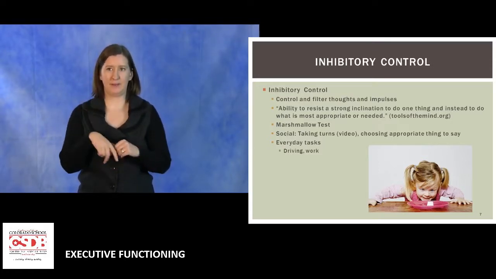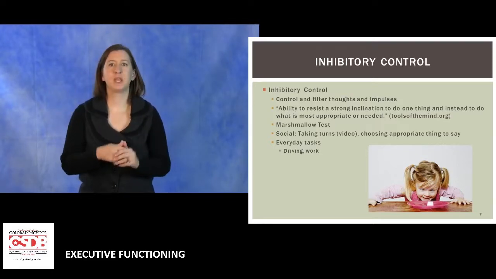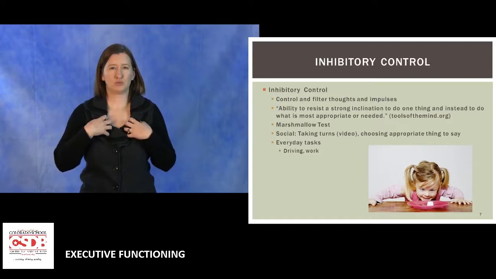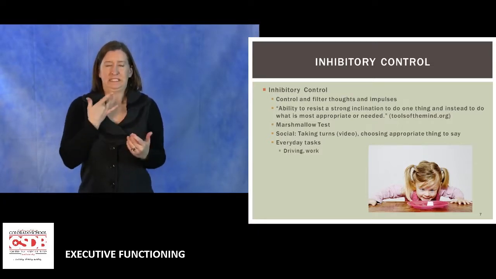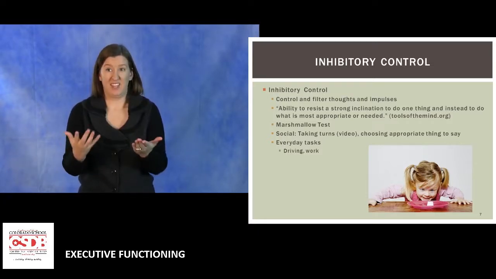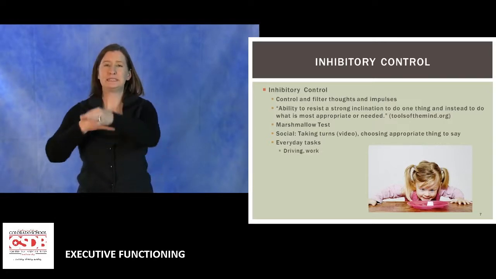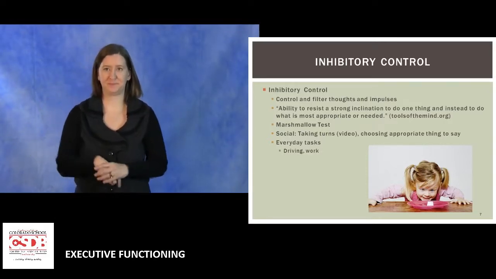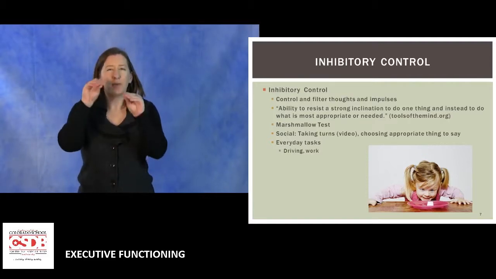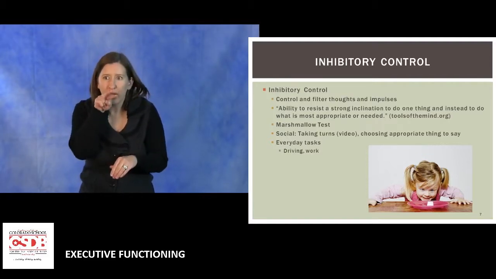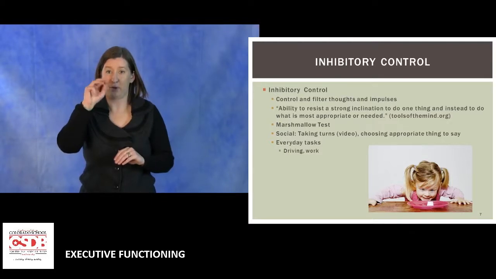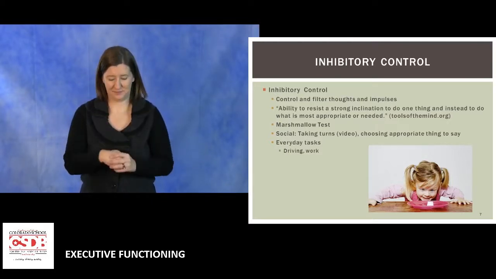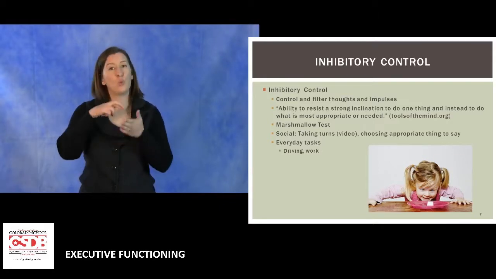Another definition I put on the PowerPoint is the ability to resist a strong inclination to do one thing instead of do what's most appropriate or needed. So I put a picture of a little girl looking at a marshmallow. And that's from a test.